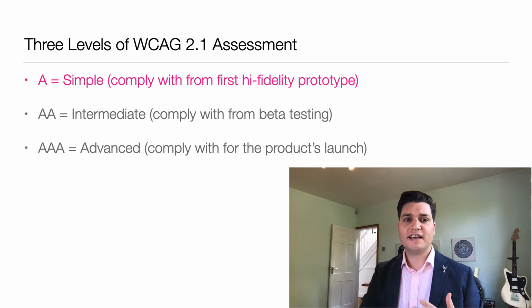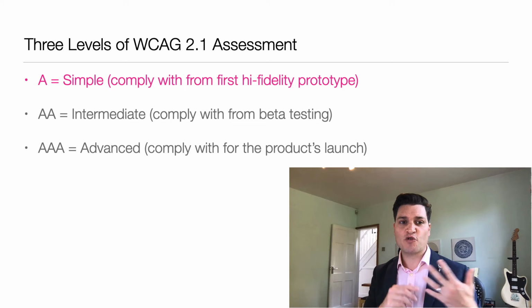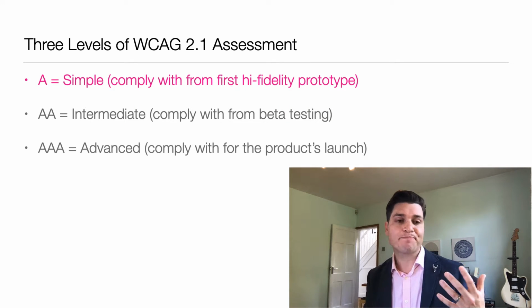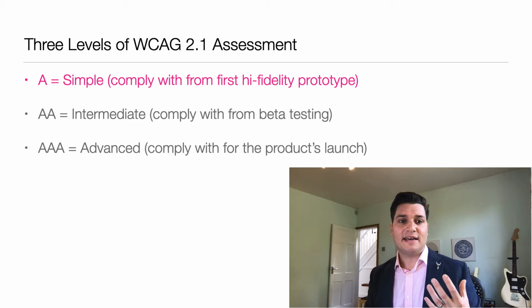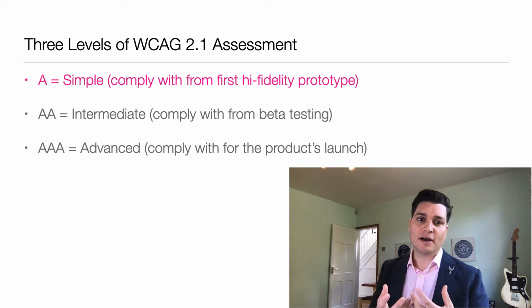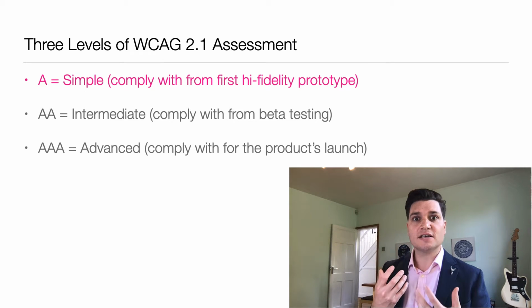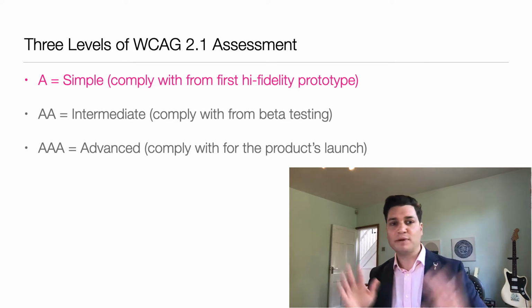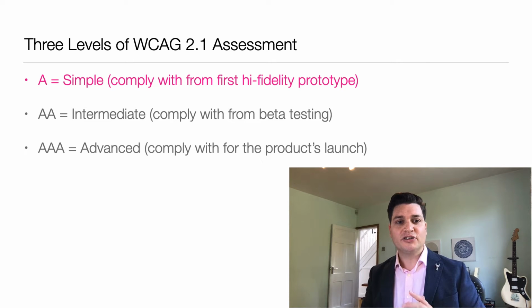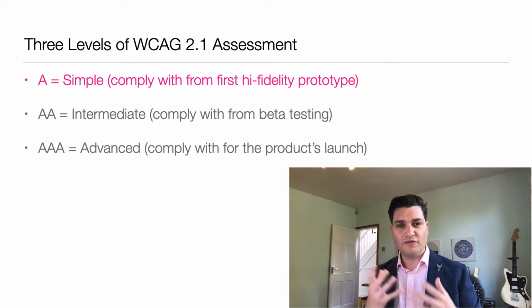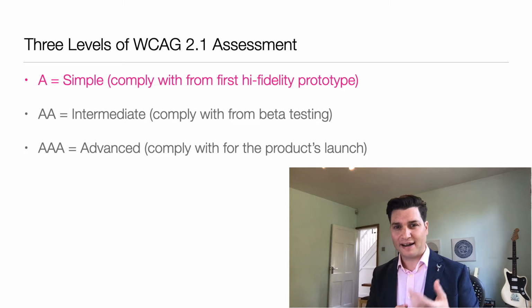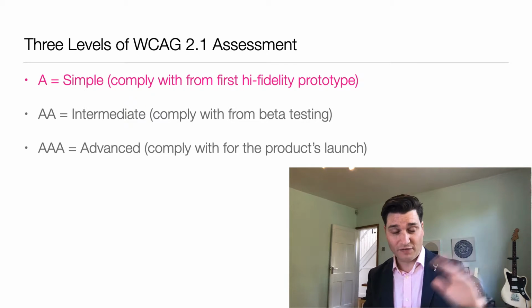Now, WCAG 2.1 has 3 levels of requirements: A, AA, and AAA. A is the simple requirement. When you're making your first prototype, even the high fidelity prototype, A is completely fine. When you get into beta testing, which is your first version, you're getting a lot of feedback because we're honing in on the final area.